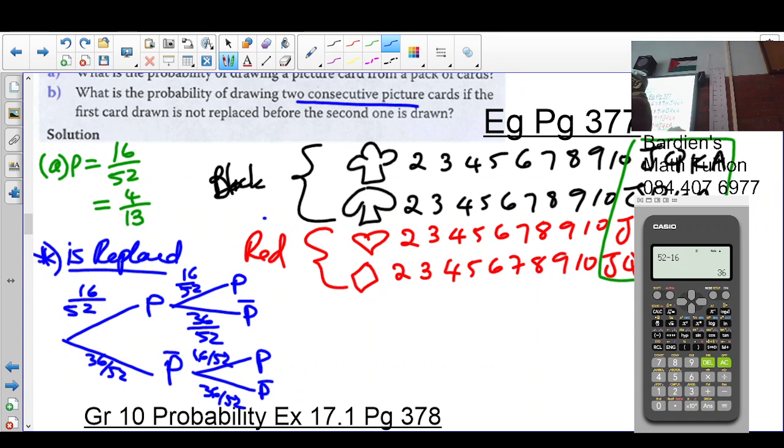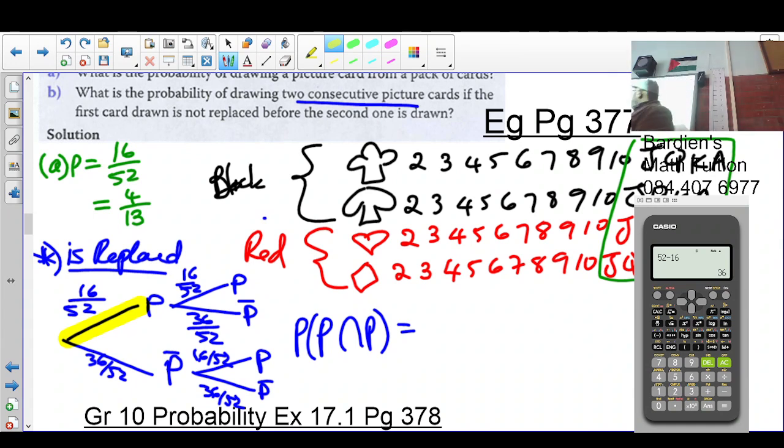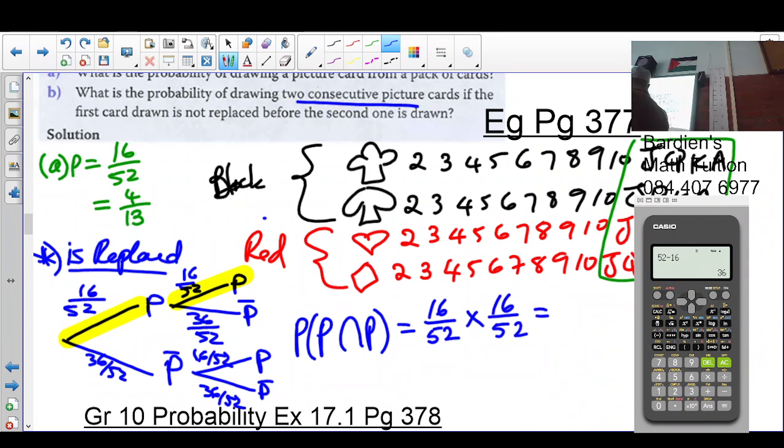Now going back to the question, what's the probability of drawing 2 consecutive picture cards if the card is replaced? So this is the probability of a picture, and a picture again. Okay, 2 picture cards. So in other words, I must follow the top branch, and then the top branch again, because those are the 2 picture cards. So that would simply be 16 out of 52 times 16 out of 52, which is 16 out of 169.